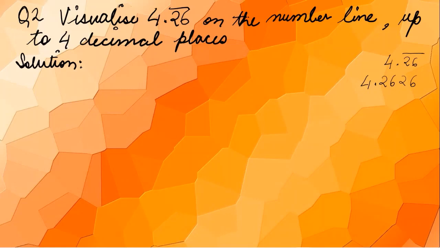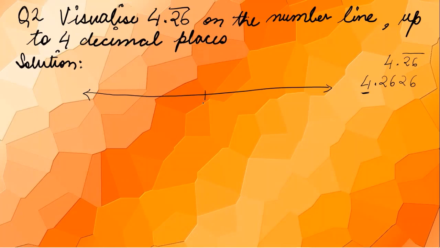So now draw this number. First draw a number line like this. The first number is your 4, so the number will be lying between 4 and 5.